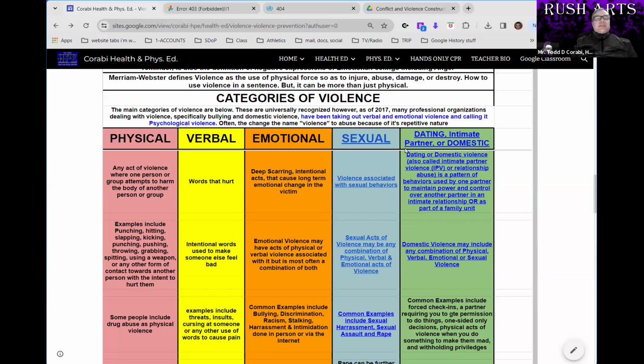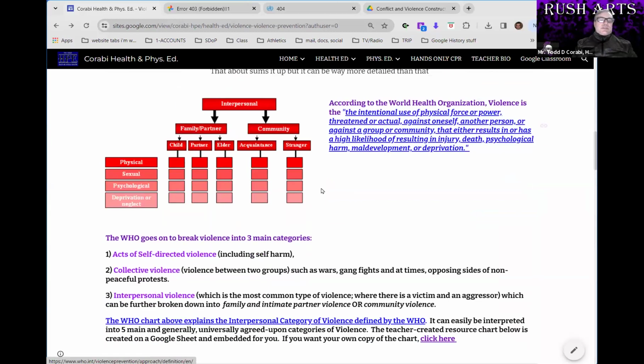Right around 1997, 1998, dating violence was added as a category of violence. Some textbooks picked it up and some did not. And these are pretty universally recognized. As of 2017, many professional organizations do include domestic violence or intimate partner relationships as a category of violence. Even the World Health Organization, which does them differently, includes it.